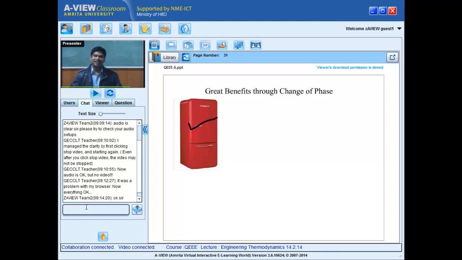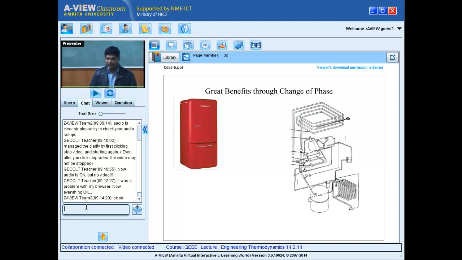Now if you see how this particular appliance is possible fundamentally, there are many details, but if you see the fundamental concept, if I open it up, there are important parts, like one important part is here.